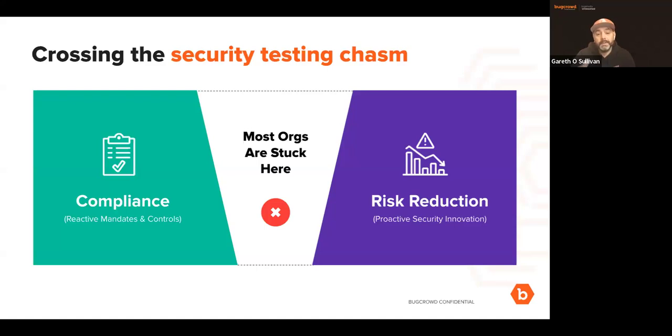So there's an in-between position that a lot of organizations find themselves in, where they're trying to comply with stuff, and that may be the primary driver to do security testing. But maybe a lot of that security testing isn't really genuinely reducing the risk because it might be missing stuff. It's not going deep enough. Things are getting overlooked because of the types of testing that they're performing. So a lot of organizations unfortunately find themselves stuck in the middle within this testing chasm, as we call it.